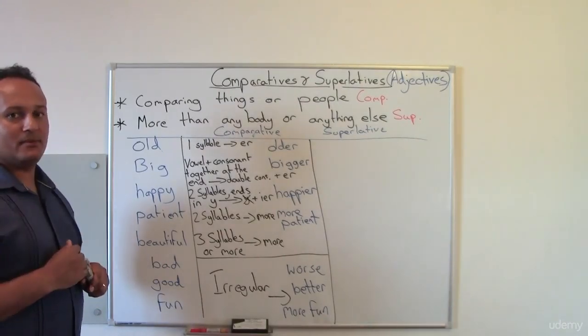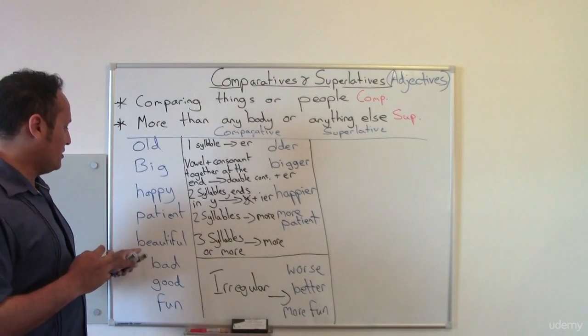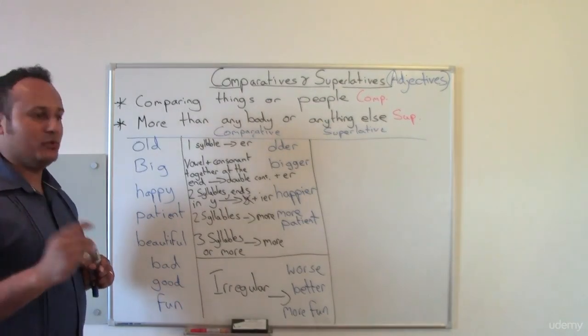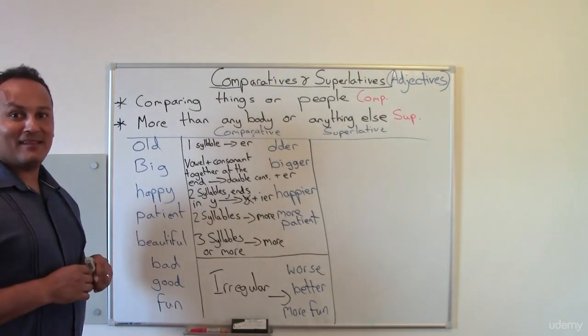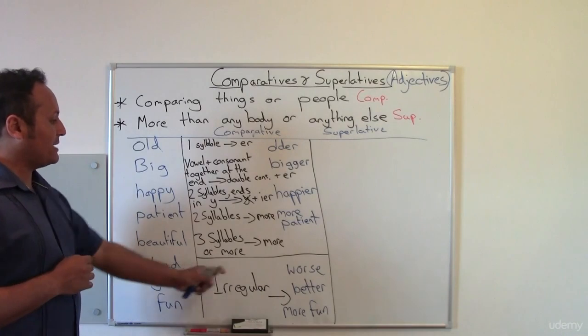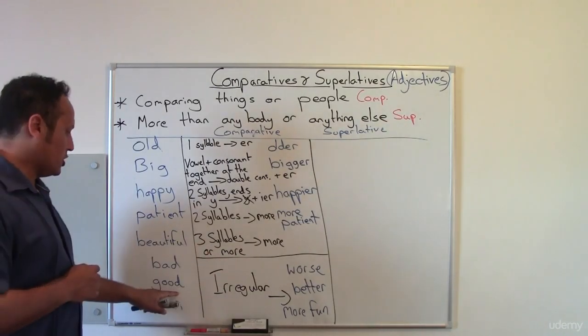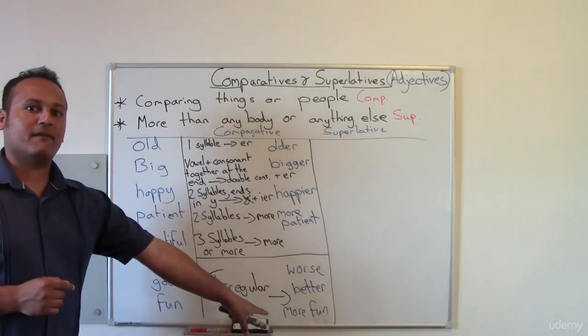Beautiful, it has three syllables. Three syllables or more, you just add more. Beautiful becomes more beautiful. Bad, good and fun, well, they are irregular. So, these change slightly. Bad becomes worse, good becomes better, and fun becomes more fun.